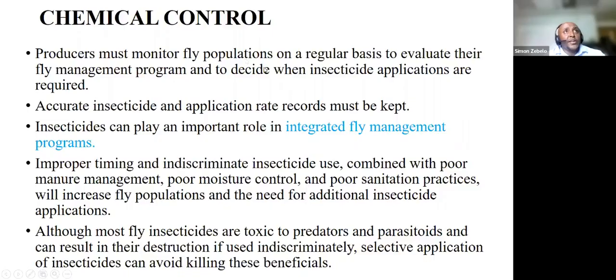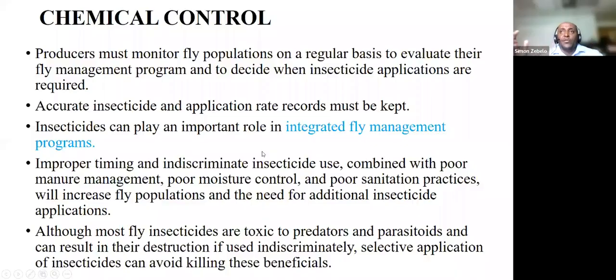Based on those monitoring results, producers have to decide when to spray insecticides. Accurate insecticide application rate records must be kept. Insecticide can play an important role in integrated fly management if it's used properly, according to the instructions, according to the label.